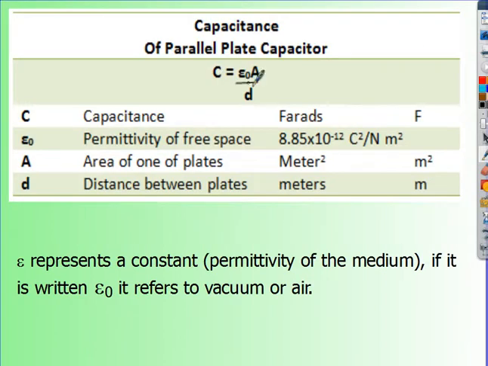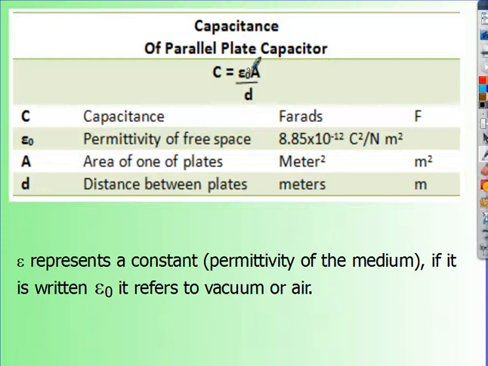If I have a parallel plate capacitor, the capacitance is epsilon naught A over D, where C is, of course, the capacitance. Epsilon naught is the permittivity of free space, which is 8.85 times 10 to the negative 12 coulomb squared per newton meter squared. Kind of a hard number to remember.